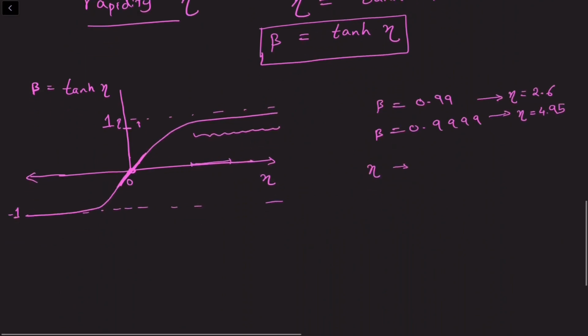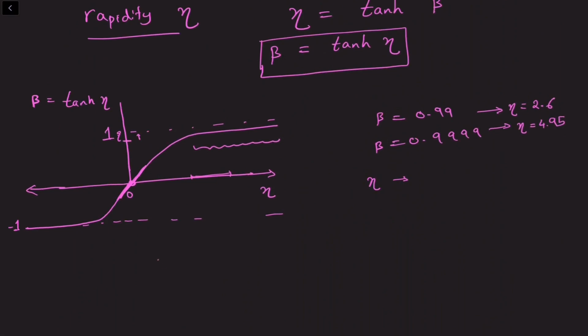The thing to keep in mind is that there is still only one free parameter. That free parameter is v, or equivalently we can trade it for beta, or equivalently we can trade it for eta. And gamma is now a derived parameter which depends on either v, beta or eta.